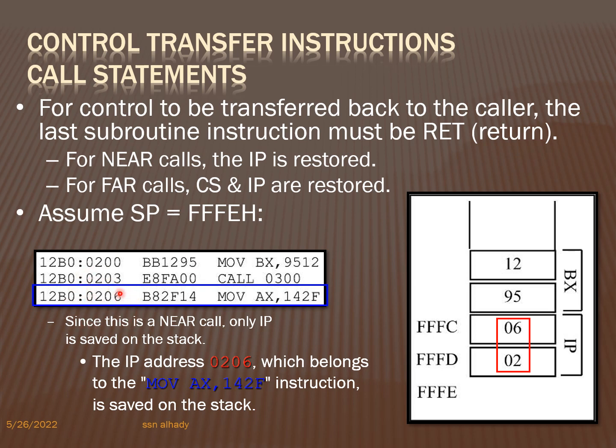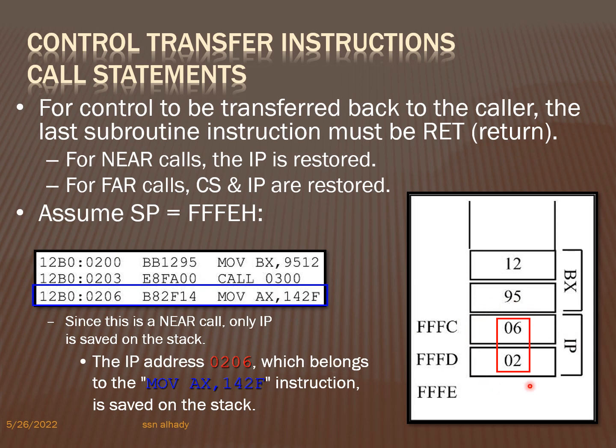only the IP will be saved. If it is a far call, then both the segment and the IP will be saved. Since this is a near call, only the IP is saved in the stack.